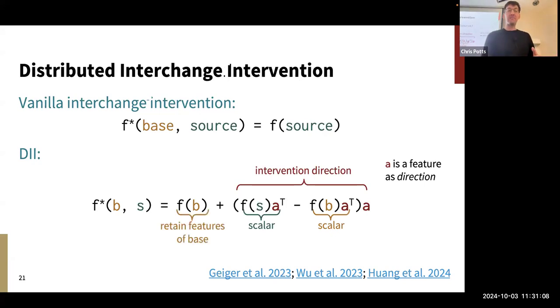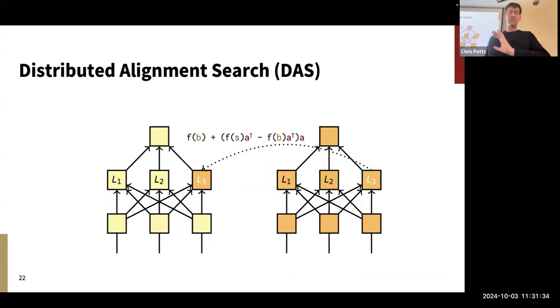And then we add that back into the original. So for example, dimensions of that base representation that don't have anything to do with the feature I'm targeting will not be affected by this intervention. Only the features that are in the direction of A get affected. So it's a much more surgical operation, a better way of targeting specific features than what might be a very multi-dimensional representation.